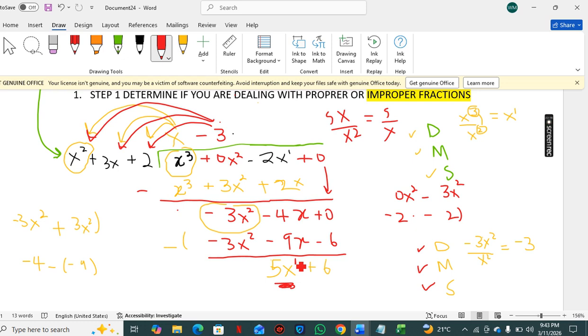If you forget this principle, you will just notice when you're dividing 5x by x squared, then you'll say, okay, no, I think I have to stop here. Any questions? Because we're not yet done. We have just done part of the process.